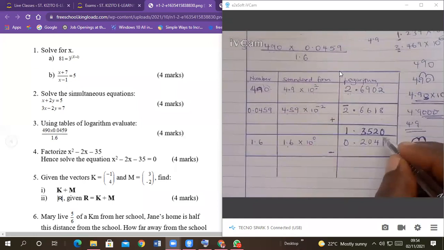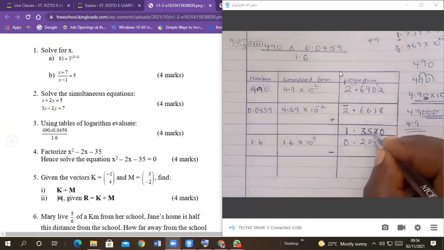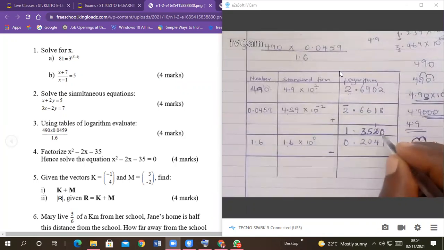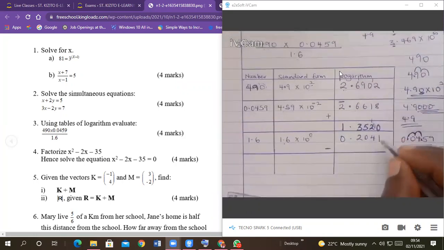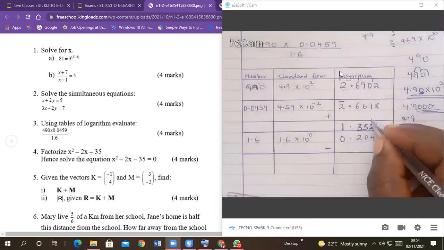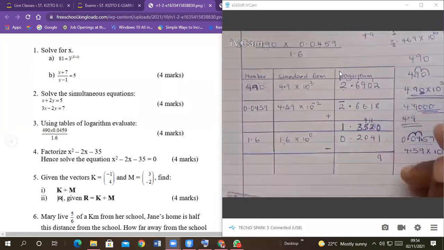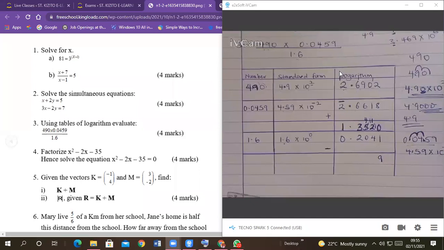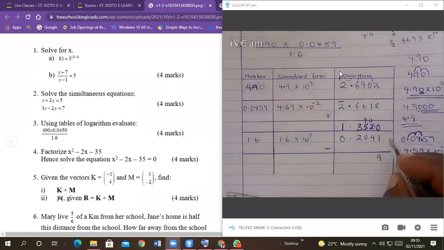Now, when we subtract, we borrow a 1 from here, and we put it here. It becomes 10 here, remaining with 1. So 10 minus 1 is 9. And here we have 1 now. So we borrow from 1, here have 11. Here remains 4. So 11 minus 4, what do you get? You get 7.